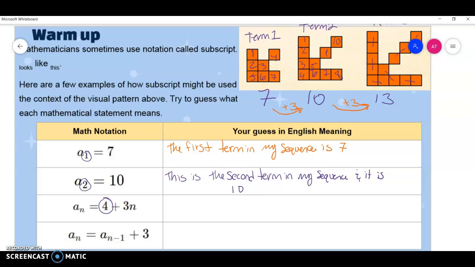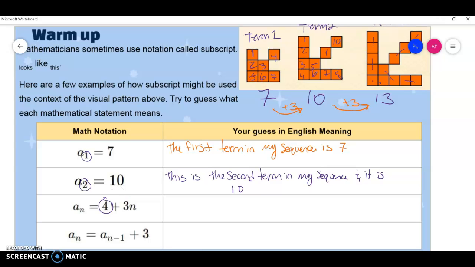So this is going to be kind of the same thing. This 4 is actually what my term 0 is. Meaning if I don't add any blocks, my first term is going to be 4 blocks.